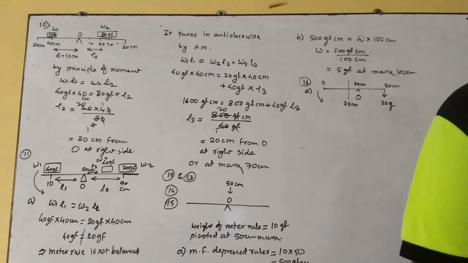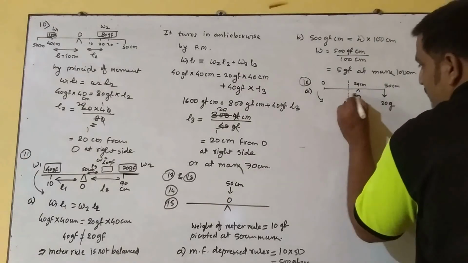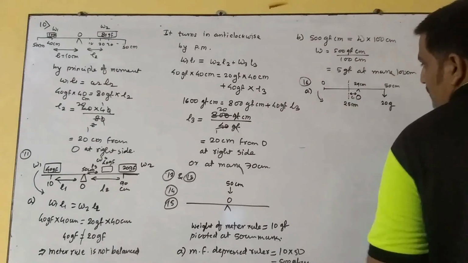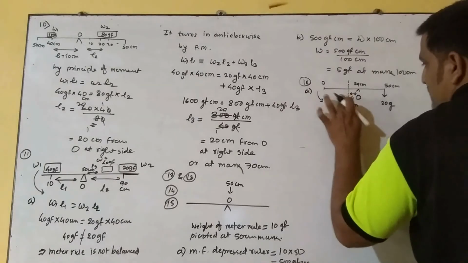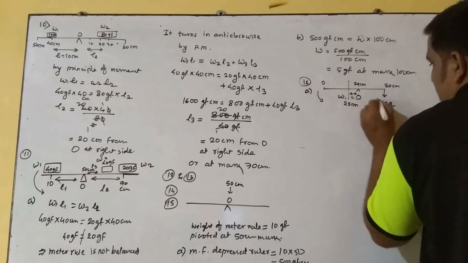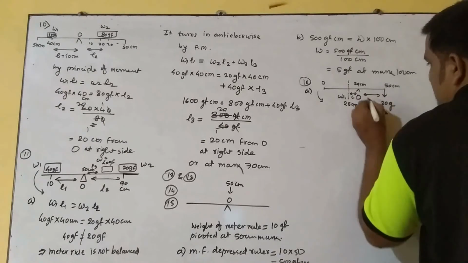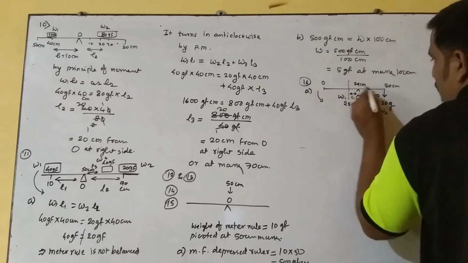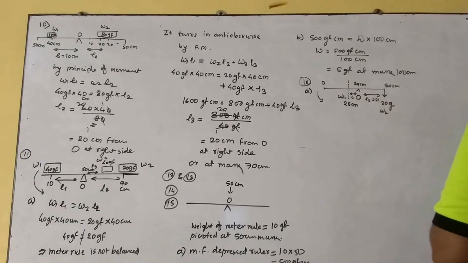Now find the mass of the half meter rule. Half meter rule का mass निकालना है. Now say L1, mass M1 of the meter rule, or W1, and this side 20 is W2, and this distance is L2. L2 is 21 centimeters over here.